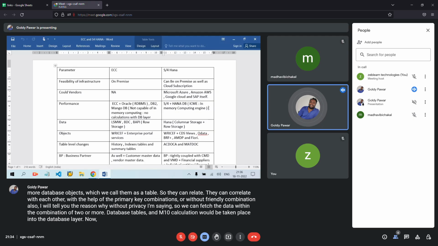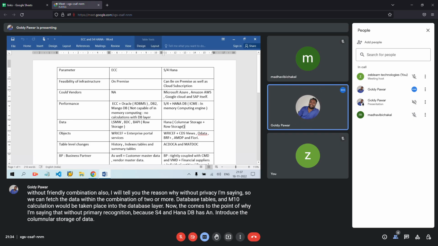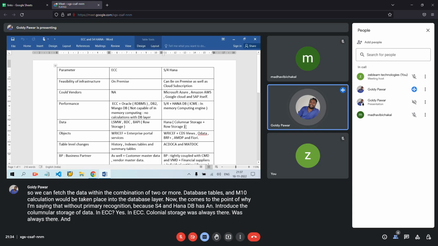Now, it comes to the point why I'm saying without primary key combination, because S/4HANA DB has introduced columnar storage of data. In ECC, columnar storage was always there. No, I will not say it was not there.